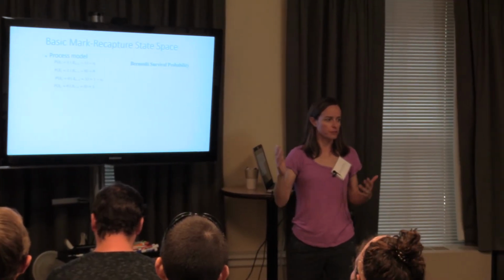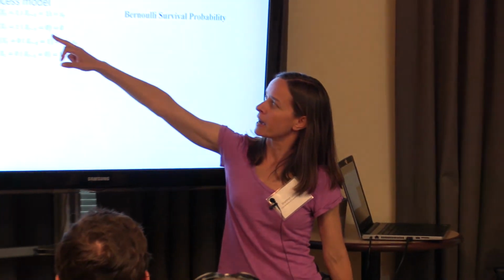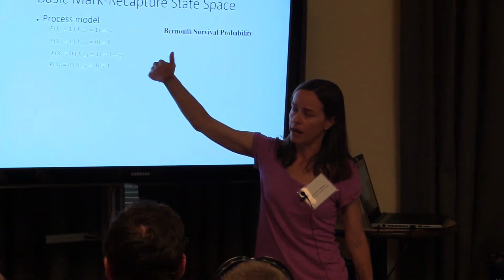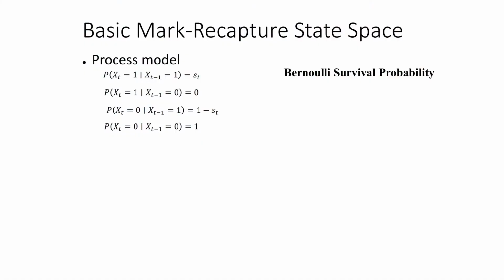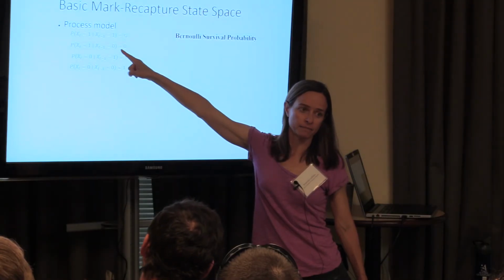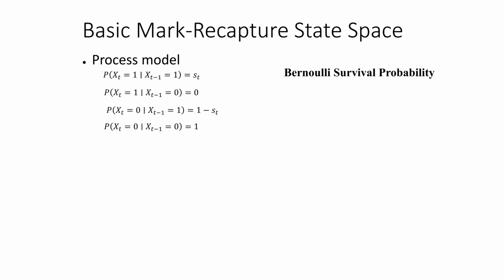So for survival, we're going to use a Bernoulli probability. And in this case, again, we're setting up these discrete probability descriptions. So you've got the probability that X, the true state at time right now, is alive, given that it was alive last time, and we're defining that as S_t. And the probability that it's alive, given that it was not alive last time, is 0. And then the probability that you don't see it, given that it was alive last time, is just 1 minus that alternative, right?